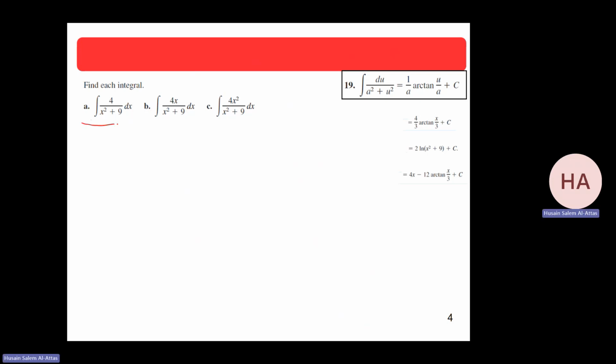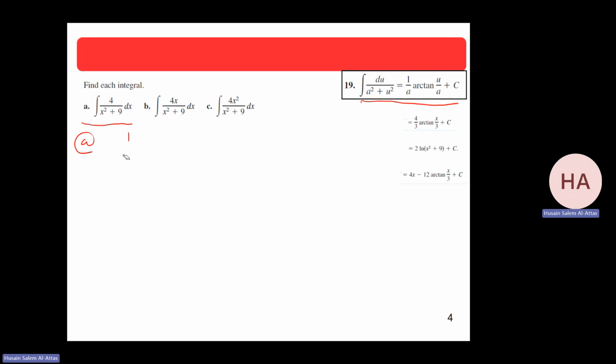So the first one, I need this formula. My a will be 3, so let me write it the same way as here: 3 squared plus x squared. 9 is 3 squared.